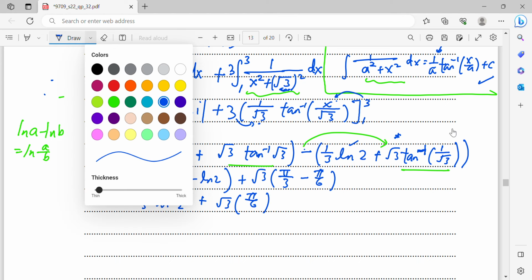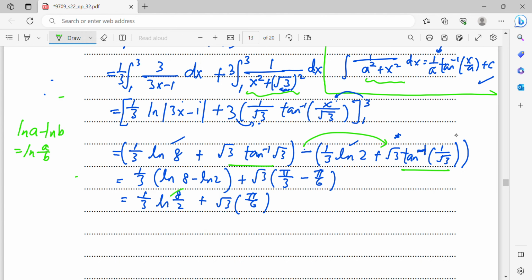So then the first term I will simplify. 8 over 2 becomes 4. So first term will be 1 over 3 ln 4. Then second term will be square root 3 times pi over 6. So I will rewrite, then I will get square root 3 over 6 pi. Okay, so that's the simplified exact form.